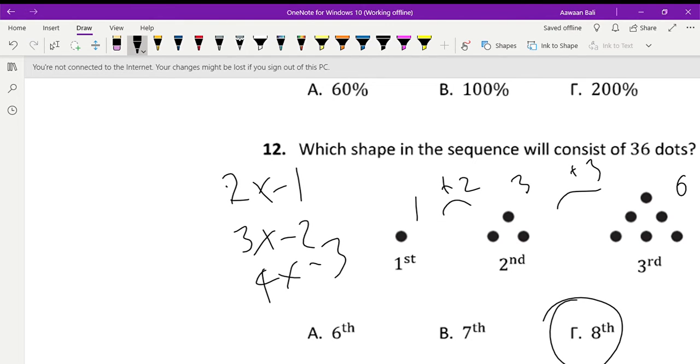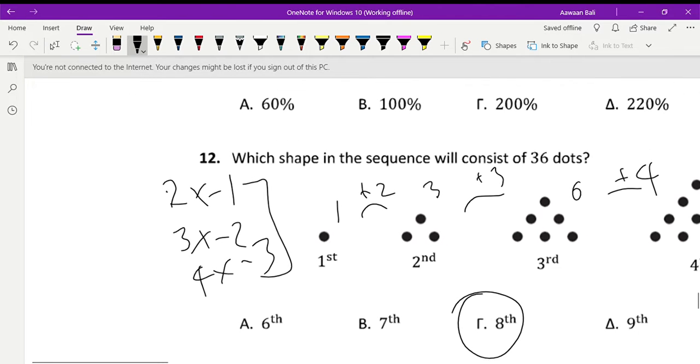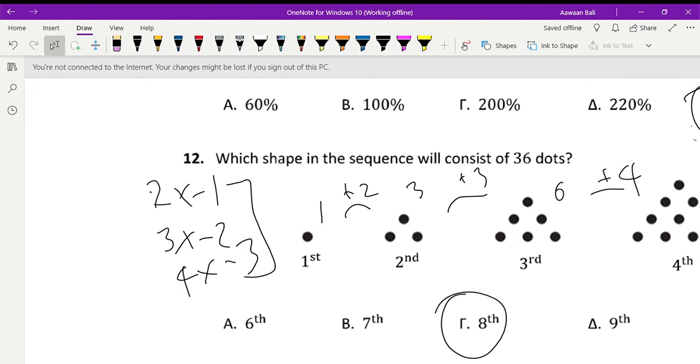Let's start with these three first. So if we have the second now, 4 minus 1 is 3, that works, but 2 times 3 is 6 minus 1, 5. It's 6, sorry, so that's wrong. So for the second one, 3 times 2, 6 minus 2, 4. That doesn't work either. But now we have 4x minus 3. 4 times 2, 8. Wait.